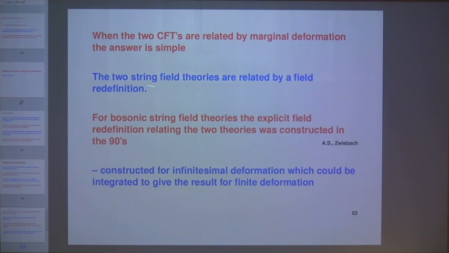The answer that one finds is that the two string field theories are related by field redefinition. For bosonic string field theory, the explicit field redefinition was constructed in the 90s. Basically the field redefinition was constructed for infinitesimal marginal deformation, and once you know how it works for infinitesimal deformation, we can then integrate it to get the result for finite deformation.